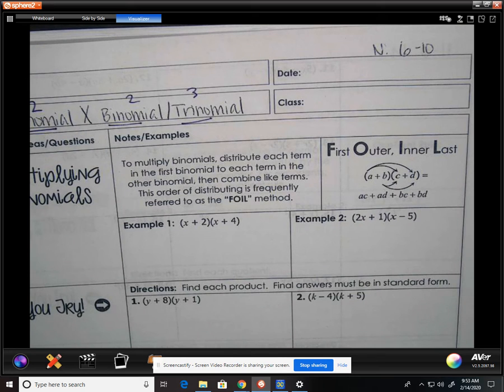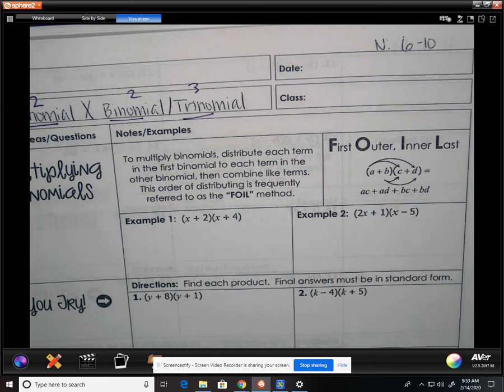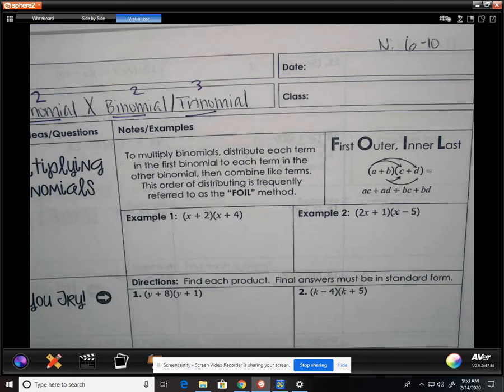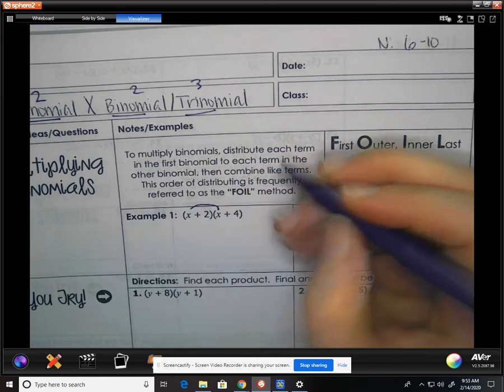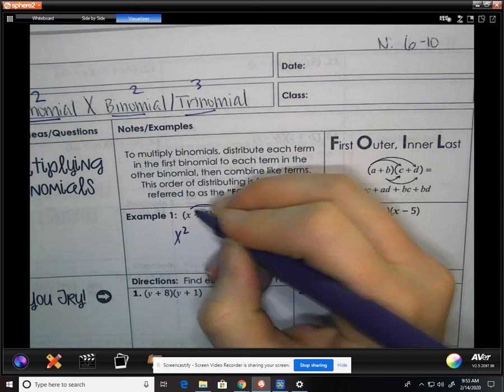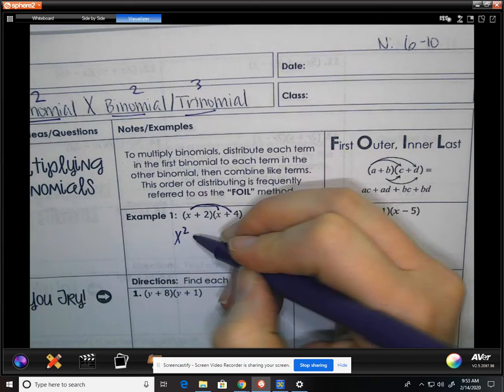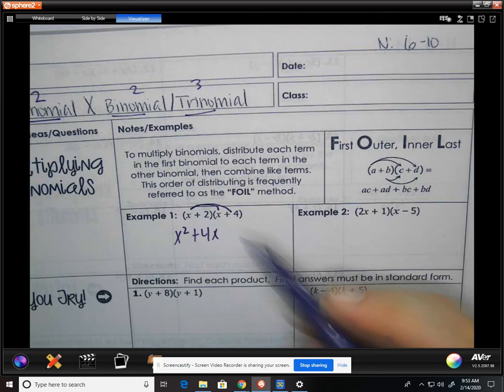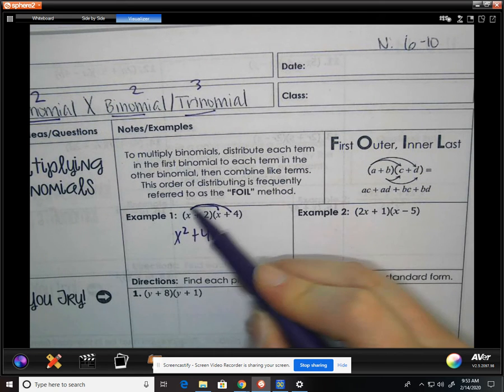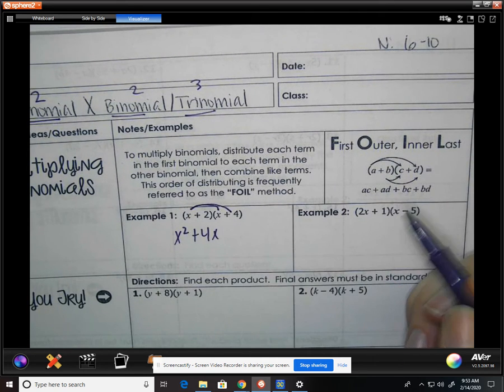So now I'm going to do these 2 examples with you. We're going to do evens together, and then you're going to do the odds. So what you're going to do is apply the rule we were doing yesterday, and take x times x, which is x squared, and then x times 4, which is 4x. So you add your exponents, keep your coefficient, put the exponent on it.